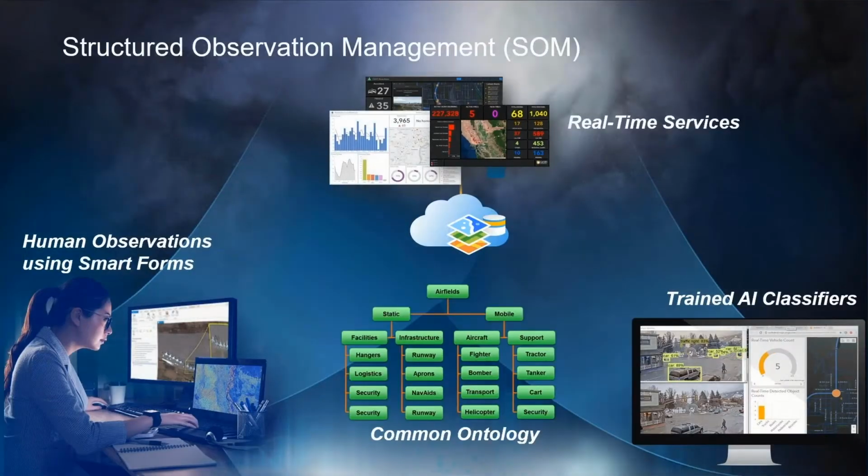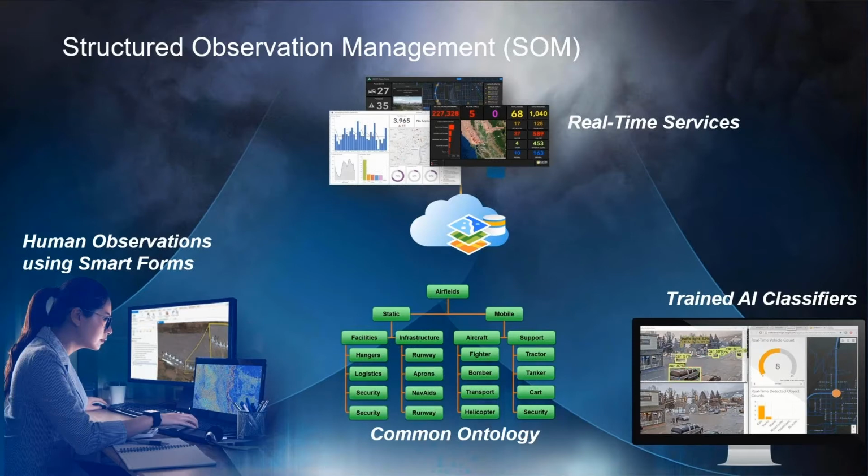Now we're going to get into the heart of what structured observation management is. Fundamentally, we define structured observation management as the ability to capture data in a structured form using a common data structure or ontology, which shares definition from one analyst to another or from one mission space to another.